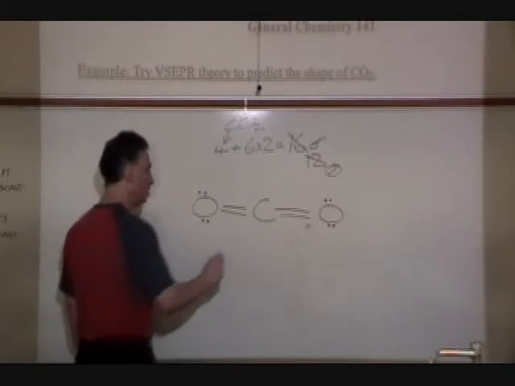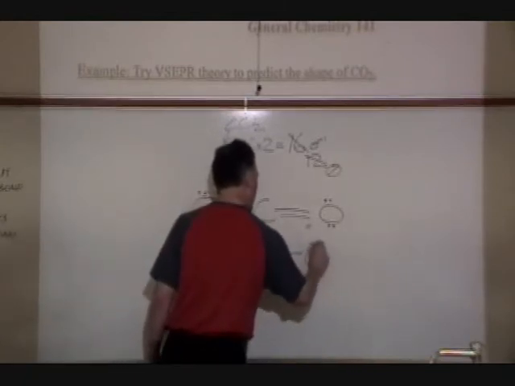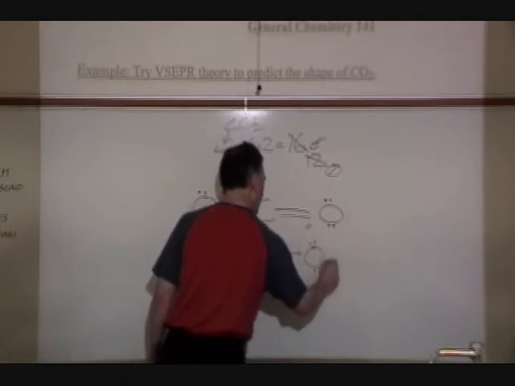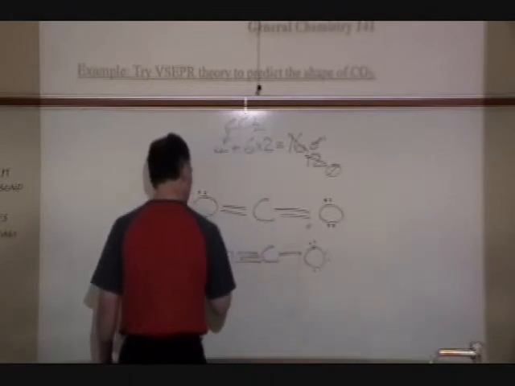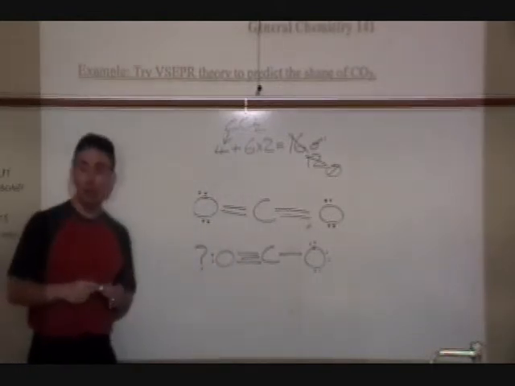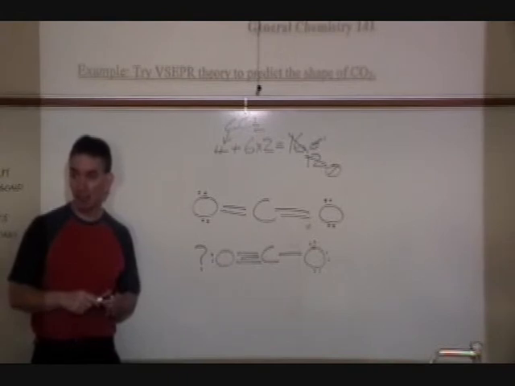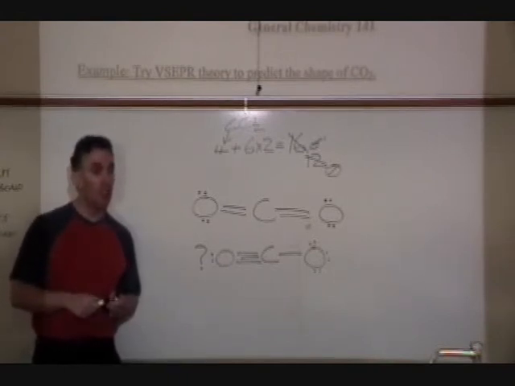Now of course, some people, I'll redraw this quickly. Some people might have gone with an example like this. Why not just use one of the two oxygens for a triple bond?